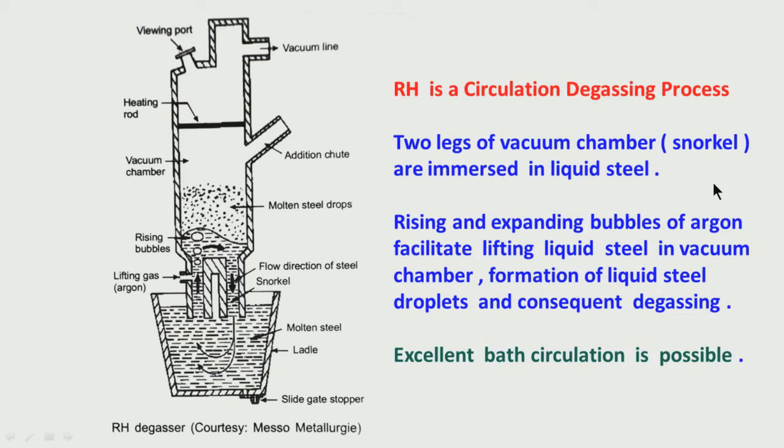Because you have a small droplet, the distance of travel for hydrogen and nitrogen will be less. They will be going to the surface, and the droplets are present in the vacuum chamber. That means, at the surface of the droplets of liquid steel, there will be reaction from nitrogen in liquid steel to the gas of nitrogen or hydrogen going into the vacuum chamber, the vacuum phase.